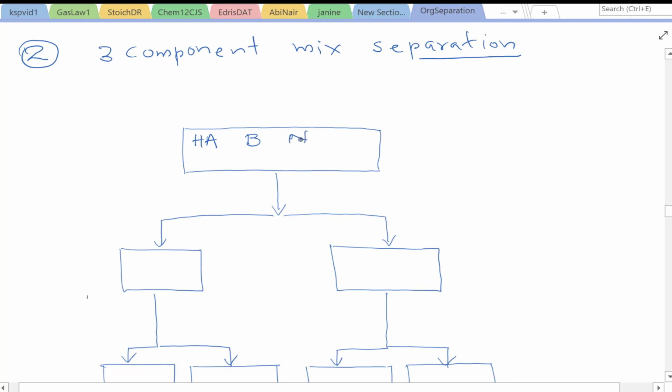So HA for the acid, B for the base, N for the neutral compound, right? Benzoic acid is a good common one for lab exams, and then different types of chloroanilines, and then a neutral compound. Normally we used to give naphthalene.